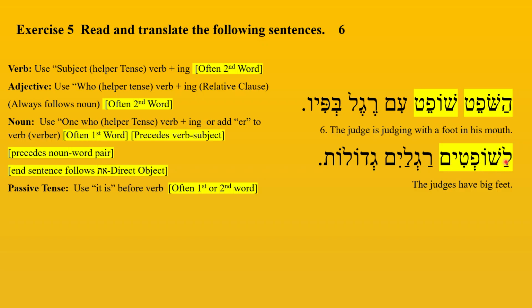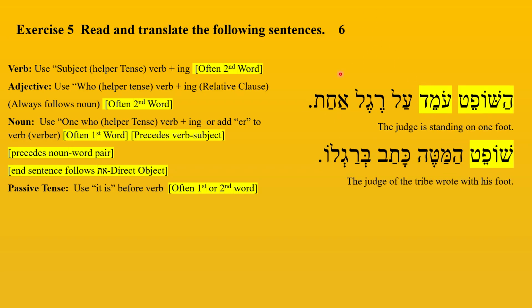We see the lamed here, and we think, all right, to the judges, there are big feet, maybe. But if you remember your section that talked about the lamed, oftentimes in front of your noun can be translated as "have." So the judges have big feet. So "have" essentially becomes the verb of the sentence. So the judges have big feet. Okay.